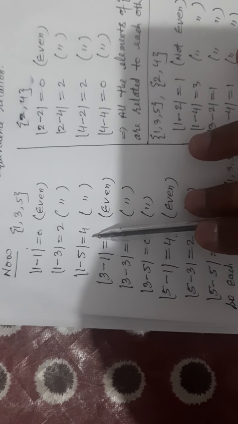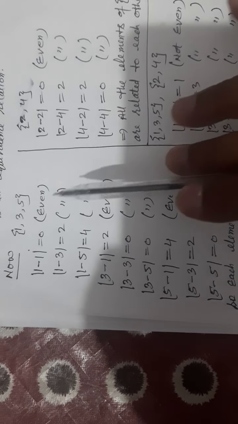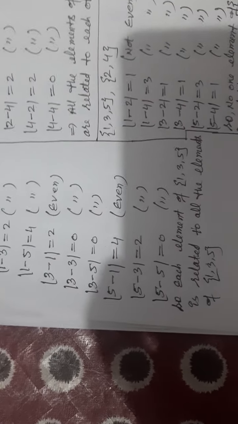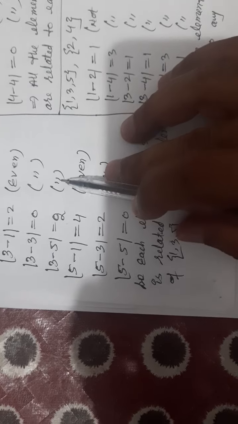Now we will take 1 and 5. 1 minus 5 with modulus is 4, which is also even. So 1 and 5 are also related to each other. Similarly, 3, 1: 3 minus 1 is 2, which is even. 3, 3: 3 minus 3 is 0, which is even. 3, 5: 3 minus 5 with modulus is 2, which is also even.